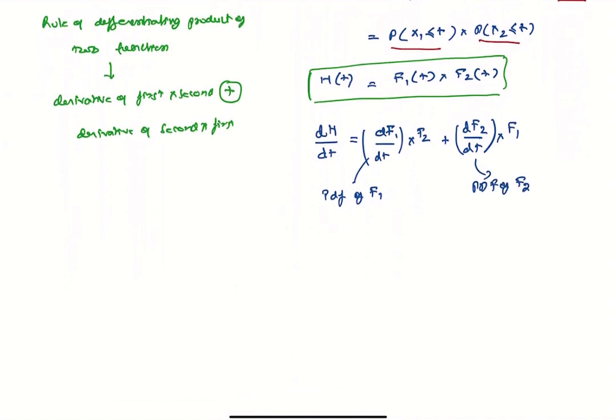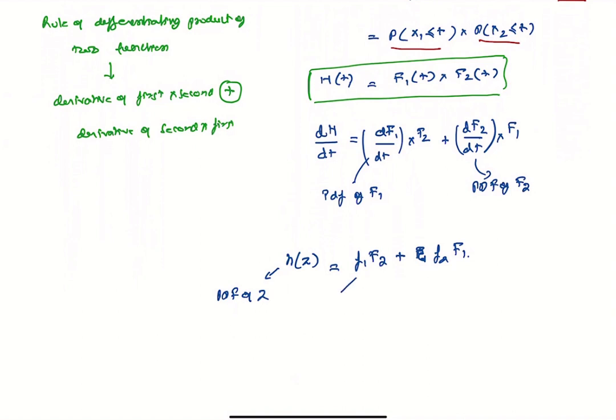So the PDF of Z, or h(t), which is the PDF of Z, is just going to be f1 F2 plus f2 F1.